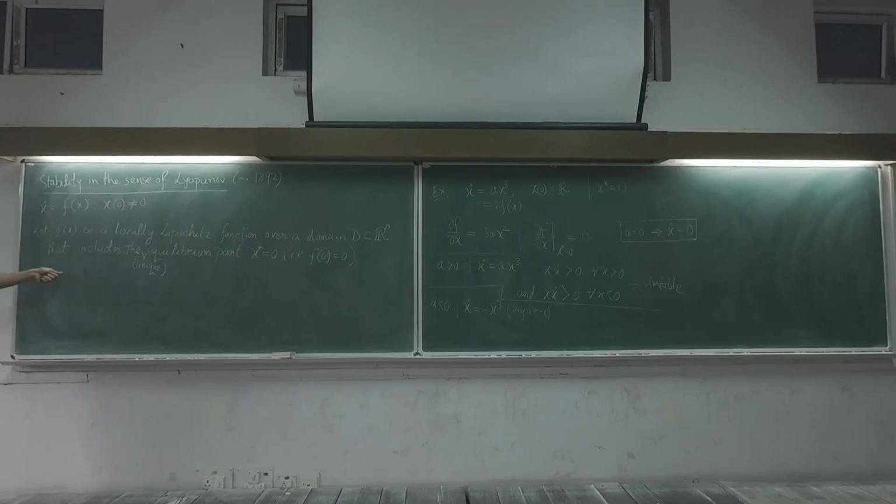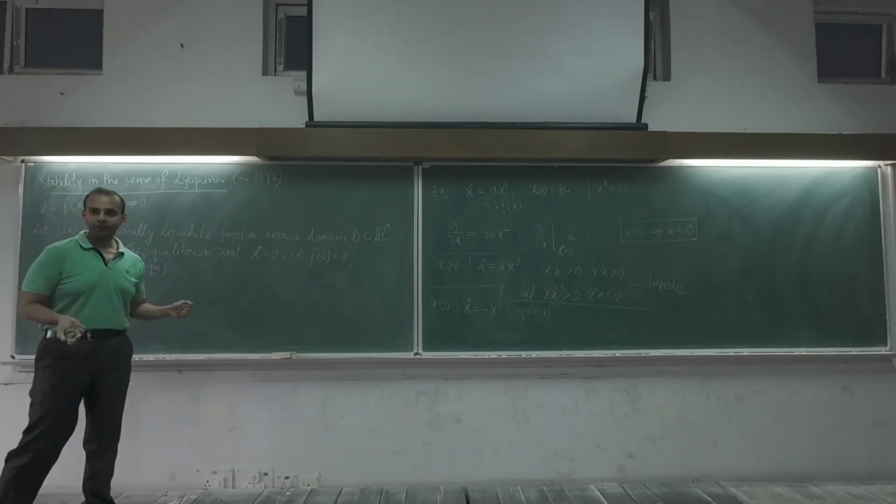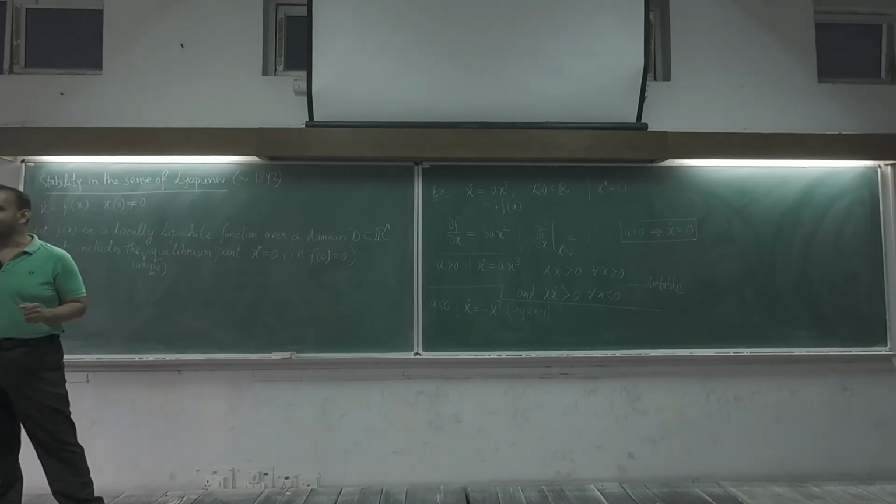But this is a definition, not that complex. Later, when I write the Lyapunov stability theorem, you will find that there are actually three steps for writing a theorem, which is very essential to understand, especially for the MTech and PhD students who are going to write a thesis, a report or a paper. For them, this technical writing is very much important.